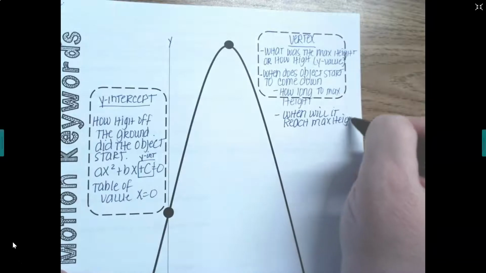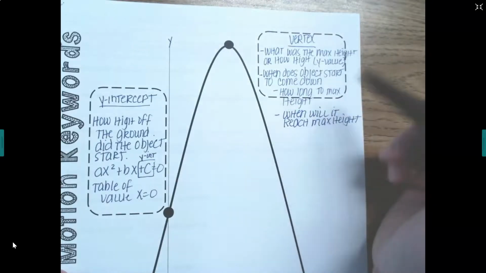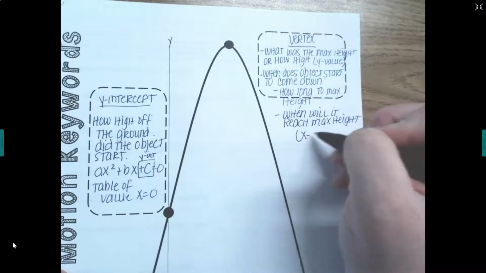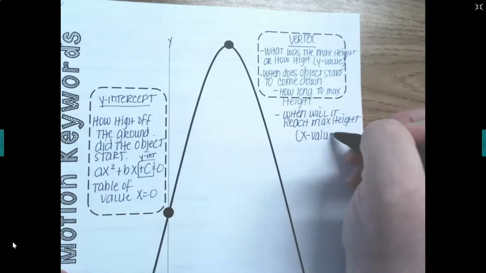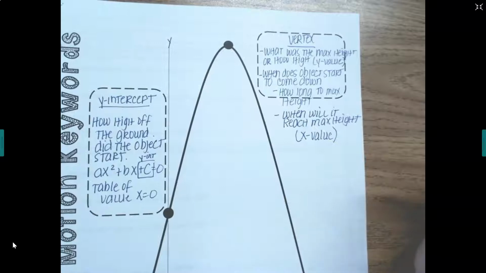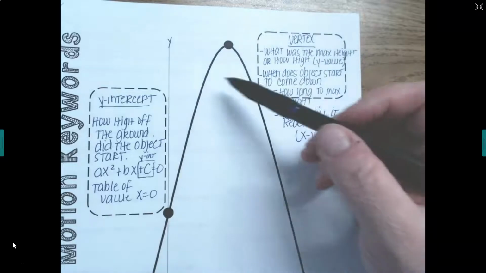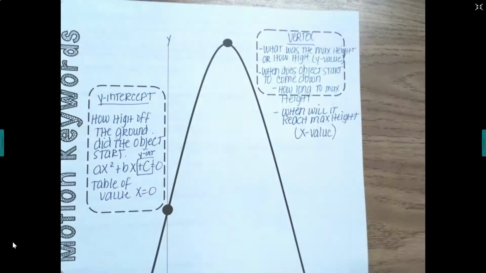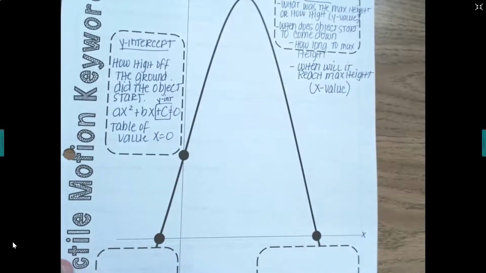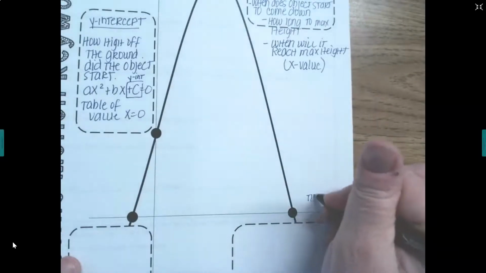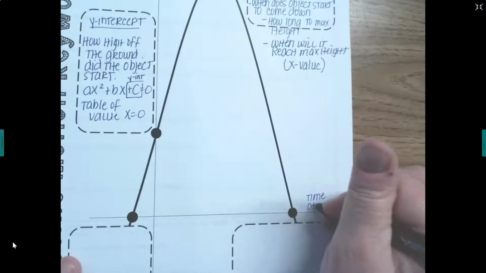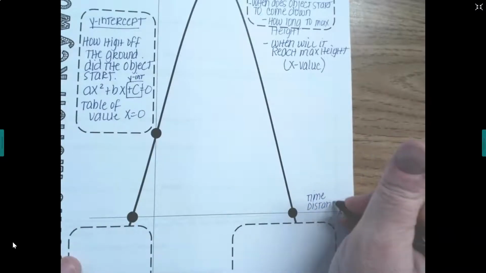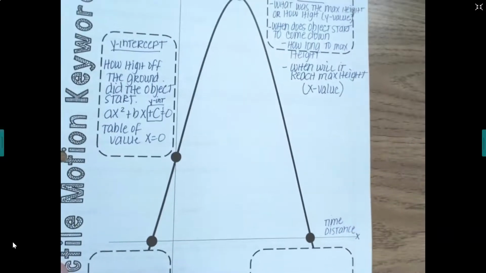All three of those questions refer to the x value of the vertex. If you're reading a question that asks when it will start to fall, it is asking what the x value is, because our x values are usually time or distance, like how far, and our y values are usually height.